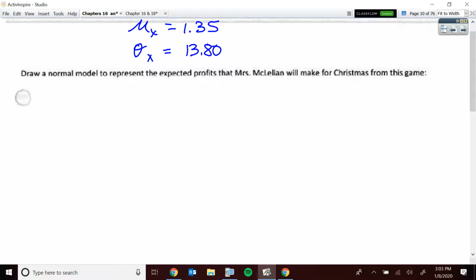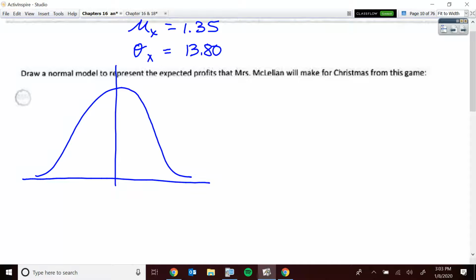So let's draw a normal model real quick of that. This is a normal model of the average profit per play. Okay, the average profit I make per play by the end of whatever.